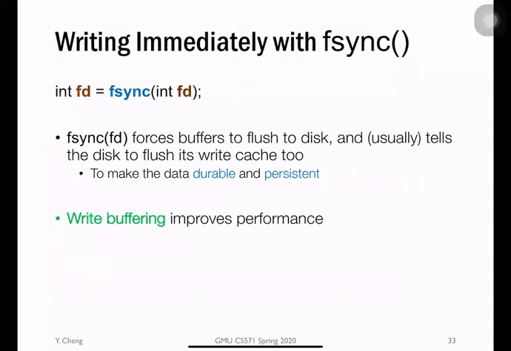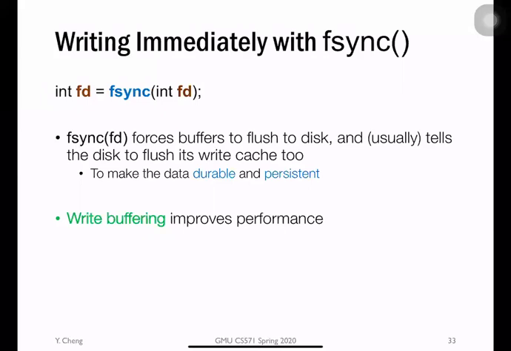So the next API is fsync. So if you want to write immediately to the hard disk drive, you can call fsync, with one and only one parameter, which is the file descriptor, okay? Because in order to write something, the operating system always buffers a write within the memory in order to accelerate the performance, to improve the performance of the write operations.